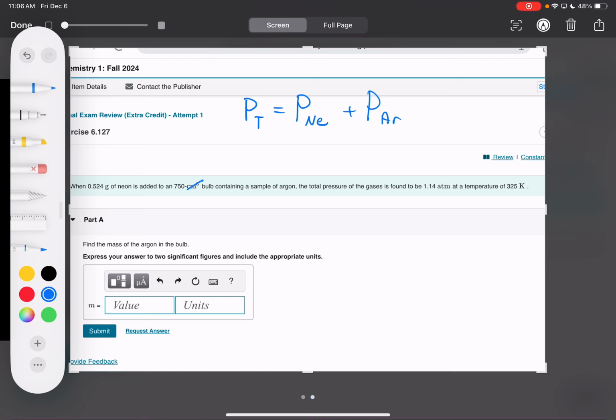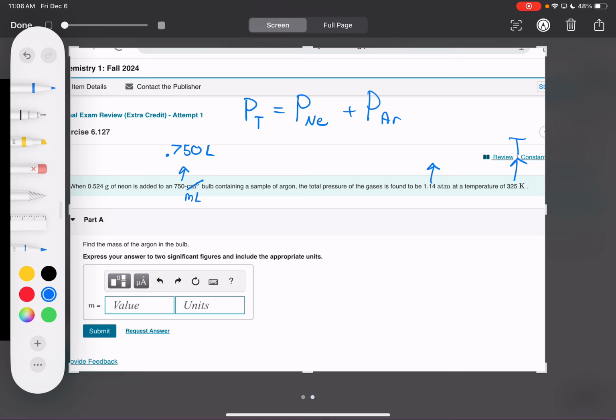So, in case you guys didn't know, a centimeter cubed, that's the same thing as a milliliter. Just stick that in your head for future use. I usually will write it as a milliliter just for that reason, but it's good to know. All right, so you're gonna have to convert this into liters, 0.75 liters. And your temperature is already in Kelvin, so that's good.